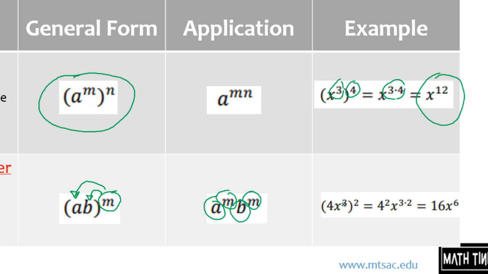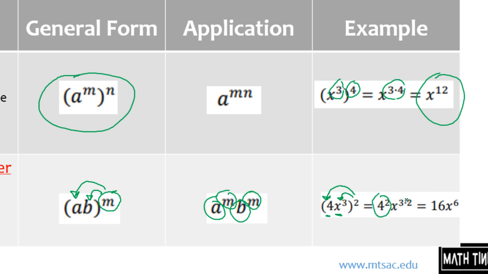Example, you have 4x to the third power. Here 4 is your a, and x raised to the third power is your b. What you have to do is just distribute your exponent, which in this case is 2, and therefore you have 4 raised to the second power.